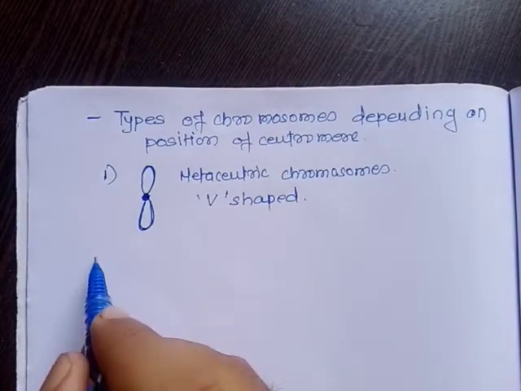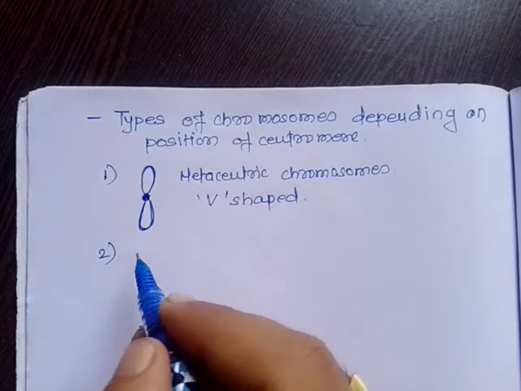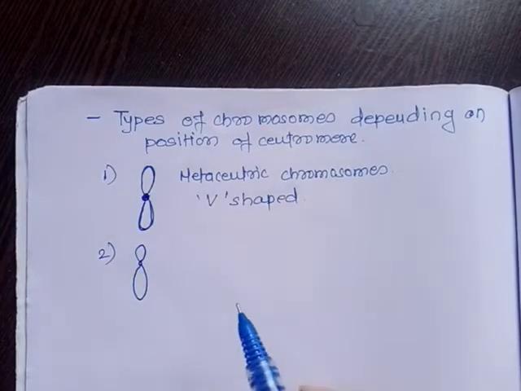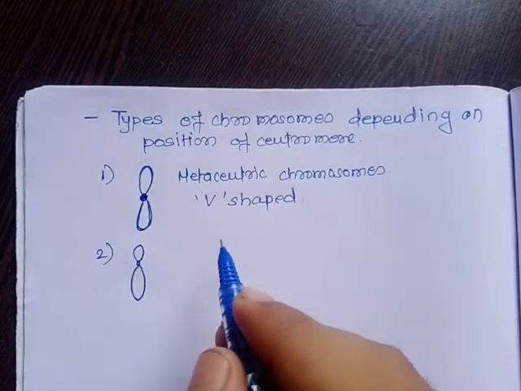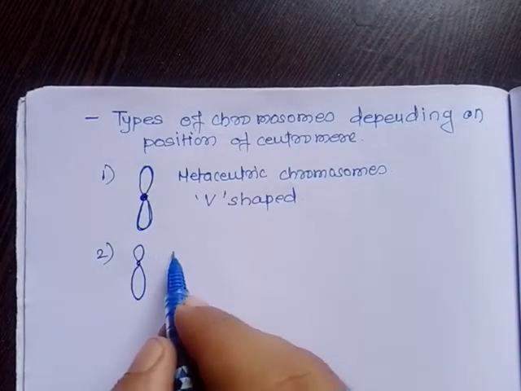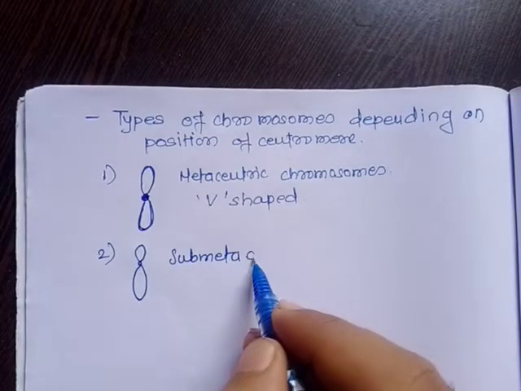Then, if the centromere is a little away from the center, then we call it a submetacentric chromosome, where one arm is smaller and the other one is comparatively longer.